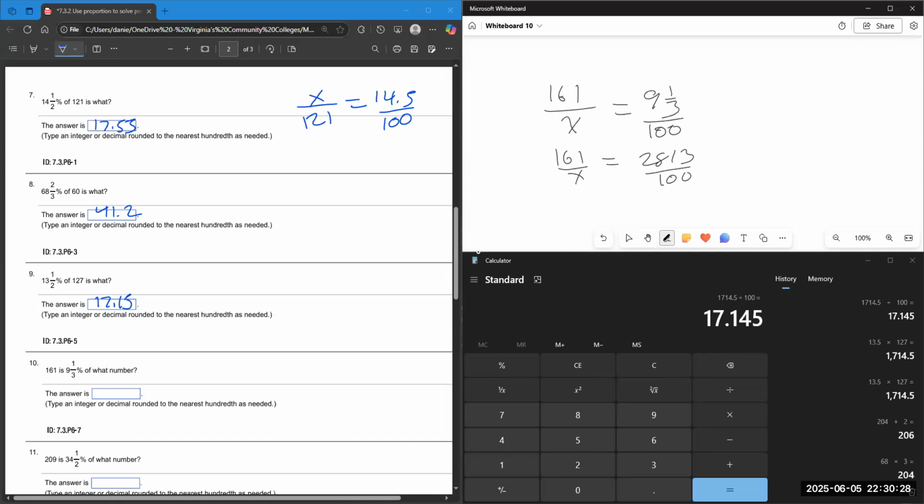So that's the same as 161 over x equals 28 over 300. 28x equals 161 times 300, which is 48,300. Divide that by 28, and we get x is 1725.